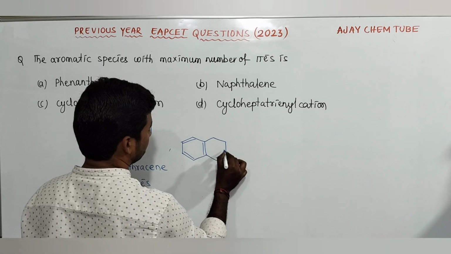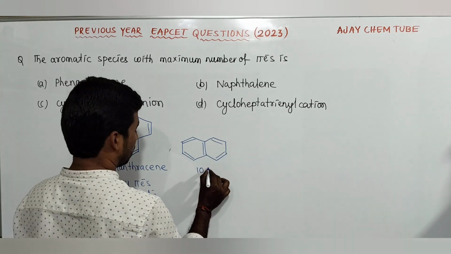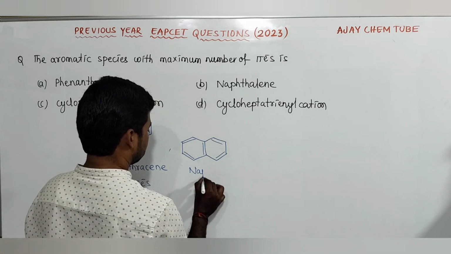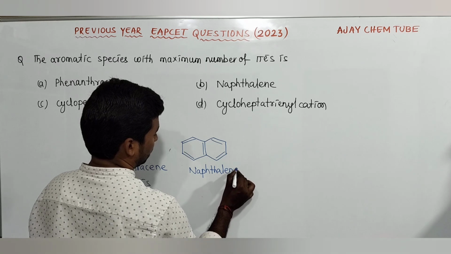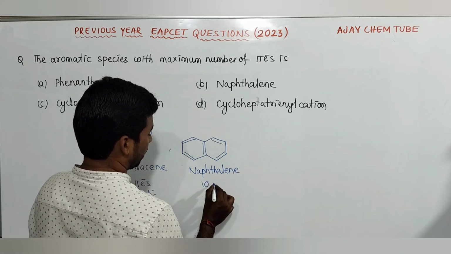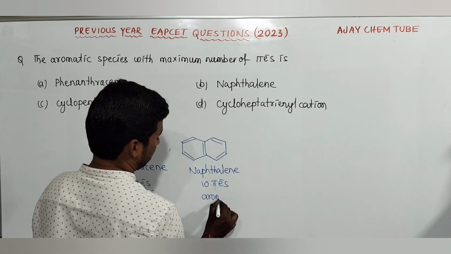Anthracene has 3. So 1, 2, 3, 4, 5. 5 twos are 10 pi electrons. This is naphthalene. Naphthalene has 10 pi electrons in delocalization. So this is also a 4n+2 number. So aromatic.